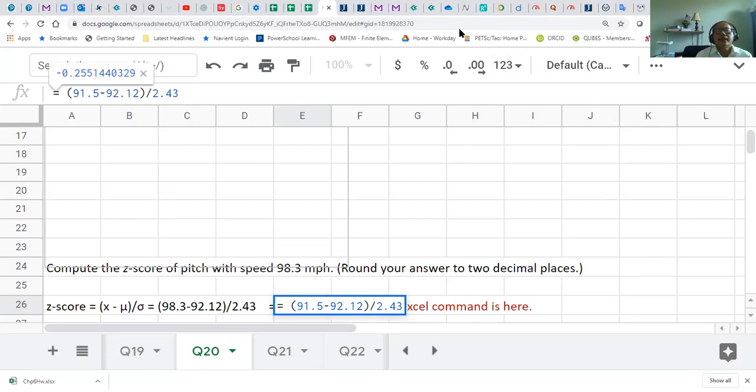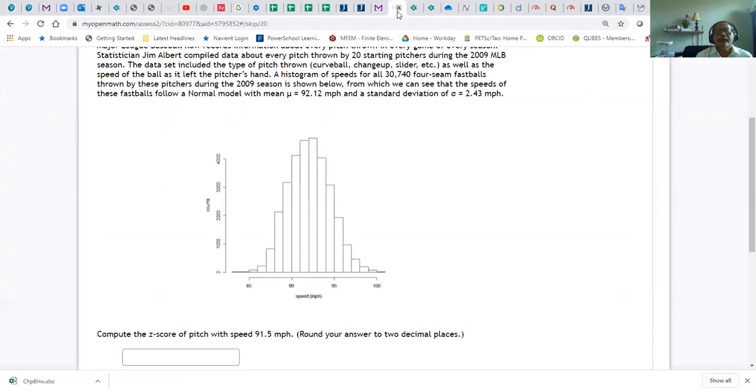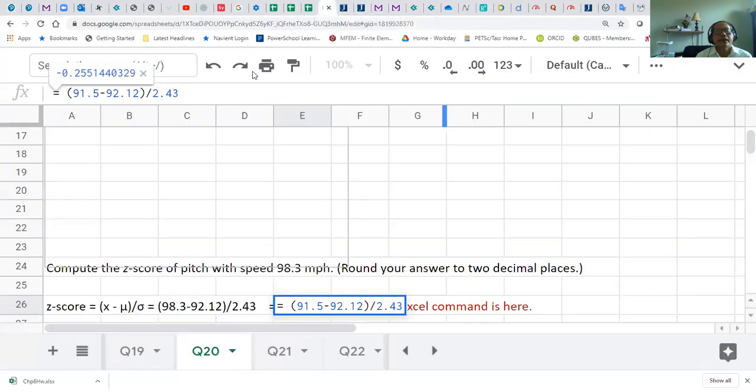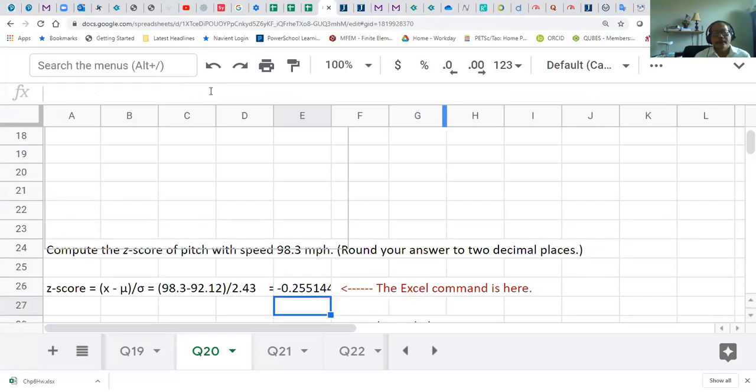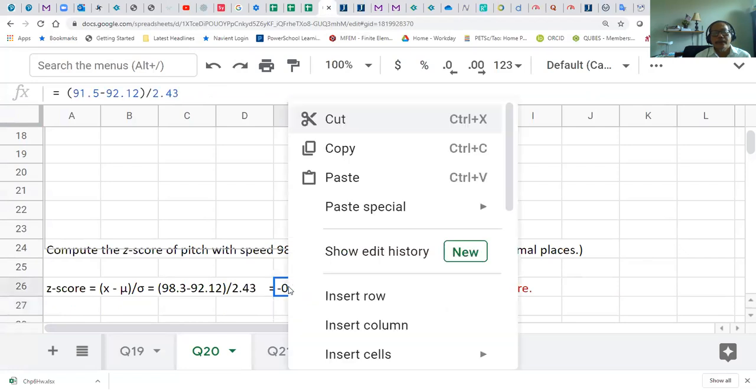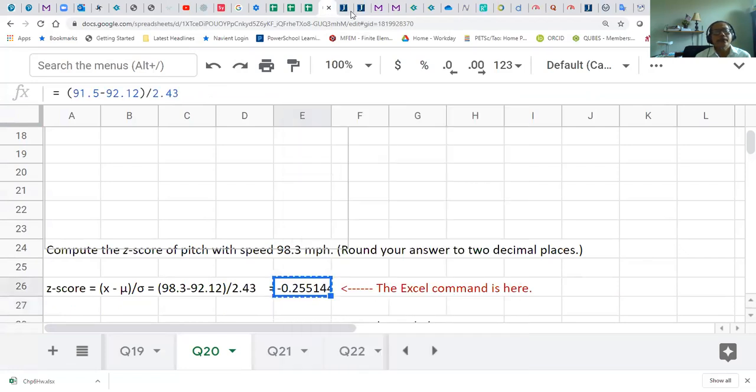The mean is 92.12, I think, and I think the standard deviation is 2.43. So this is the z-score for this one. And you need to copy this. If you put in 2 decimals, the answer will be negative.